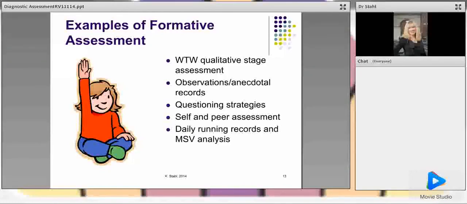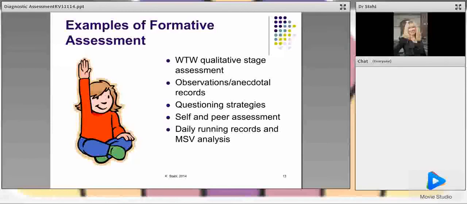Most of the diagnostic assessments that we use are formative assessments. So, for example, the Words Their Way qualitative stage assessment, where we actually look at the features that the children have identified in the words that they've spelled. We're not just looking for a quantitative numerical score. We're actually looking at what errors they made, how many of those errors they made, and what that says about their knowledge of a particular spelling feature.